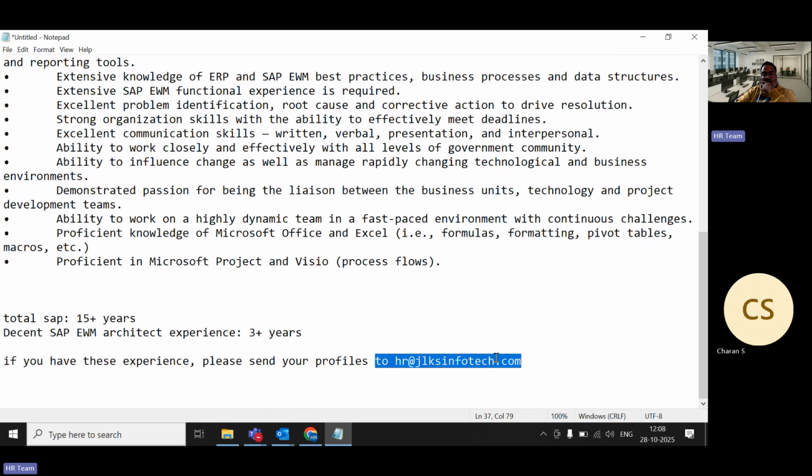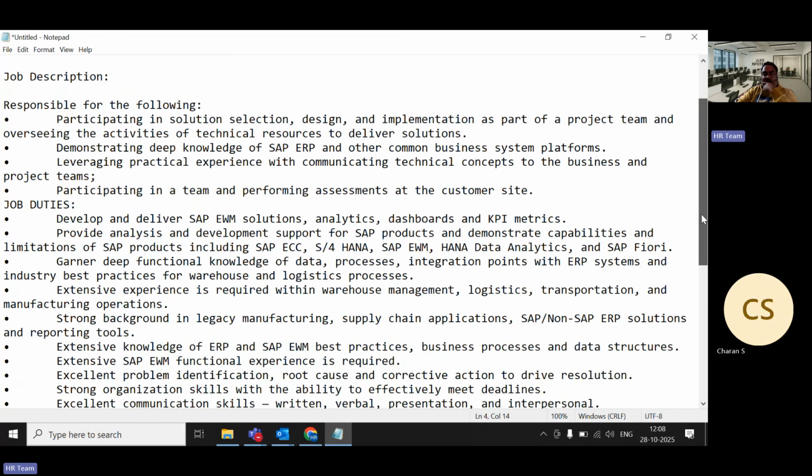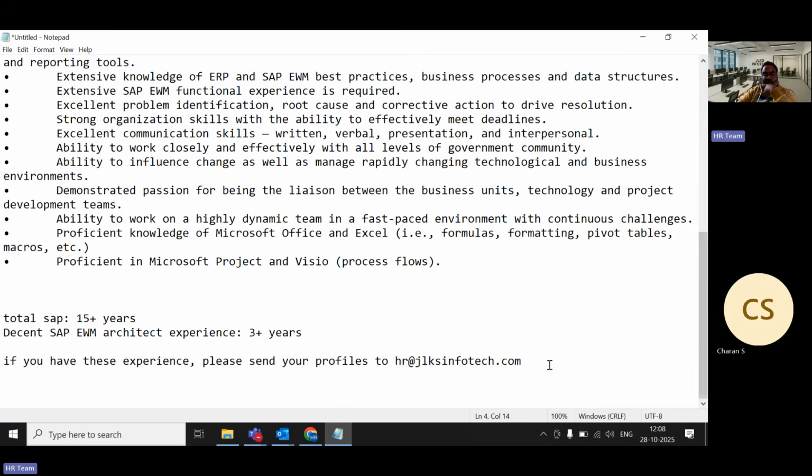Okay, so now the process would be something like this. Once you send your profiles to us, mentioning the role as the subject of the email, saying SAP EWM architect - US citizen, then straight away your profiles will be forwarded to the next level, US. Those guys will do the initial profile screening.